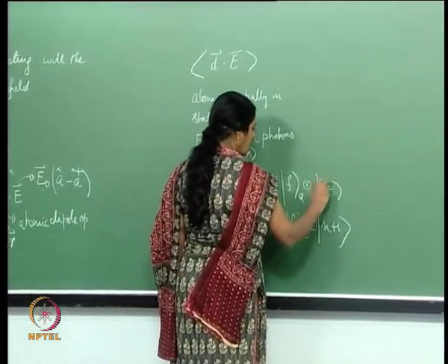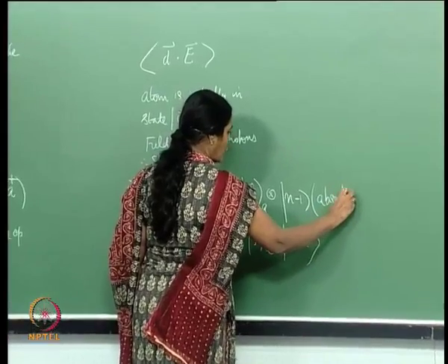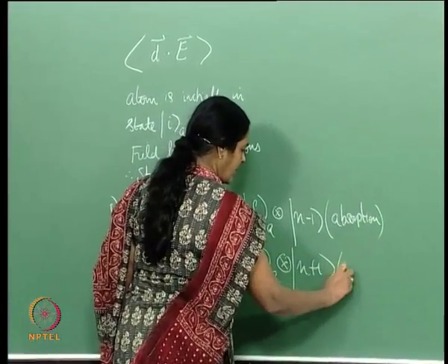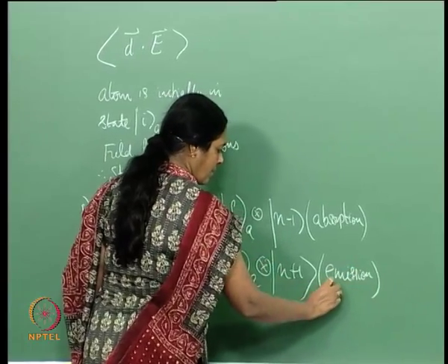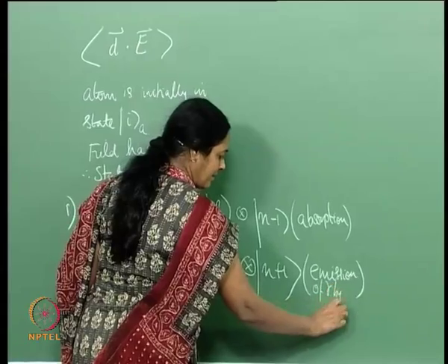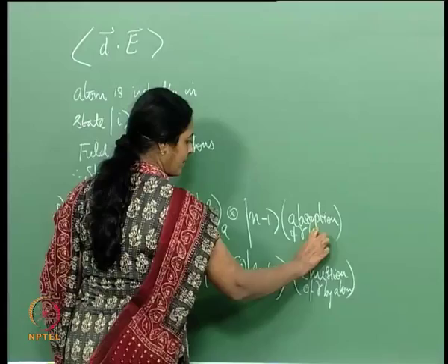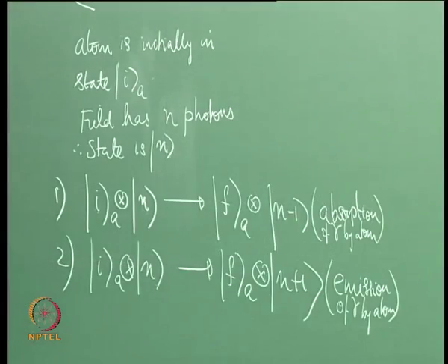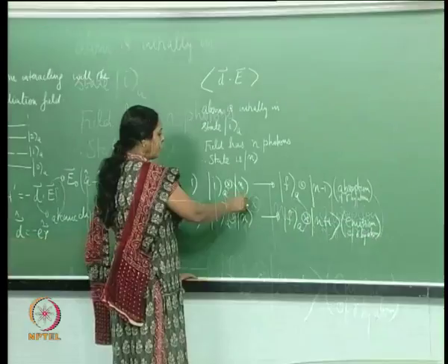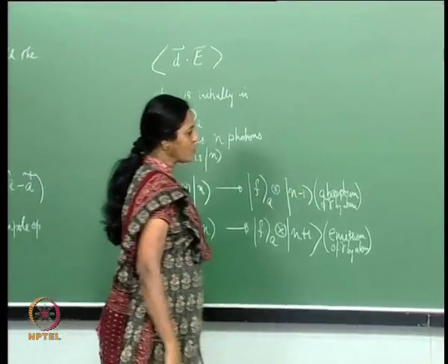Now, this process corresponds to absorption. The atom has absorbed a photon, and this corresponds to emission of a photon by the atom. This is absorption of a photon by the atom. So, these are the possible processes that I have. If this is my initial state and that is the final state, let us look at case 1.